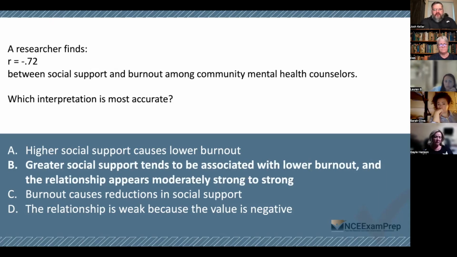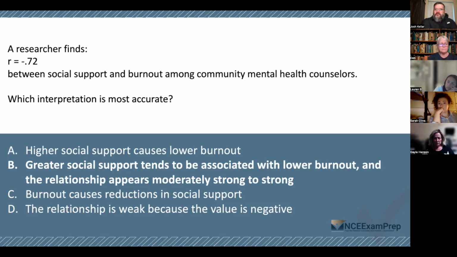Okay. Why would it not be A? Well, I was approaching it from the standpoint that when one increases, the other decreases, and I was looking at the lower burnout as negative 0.72.